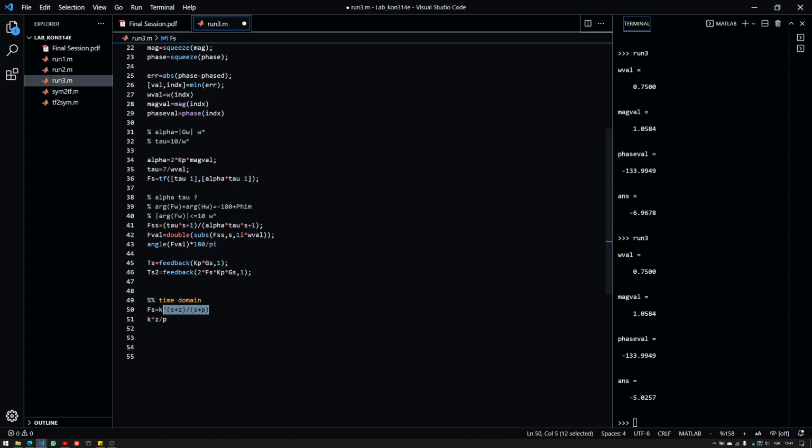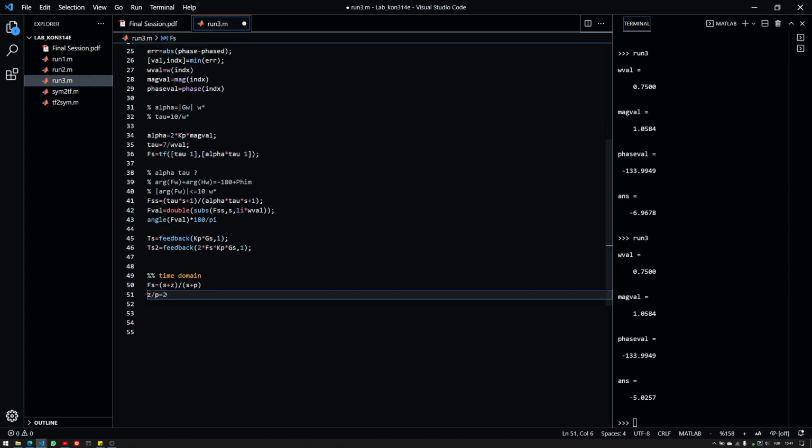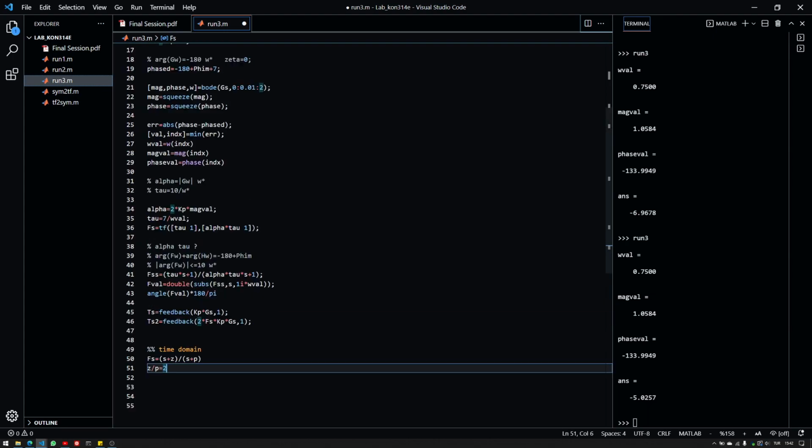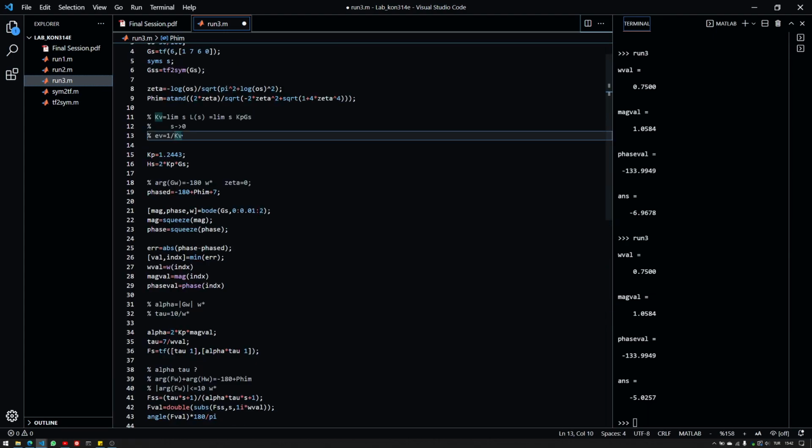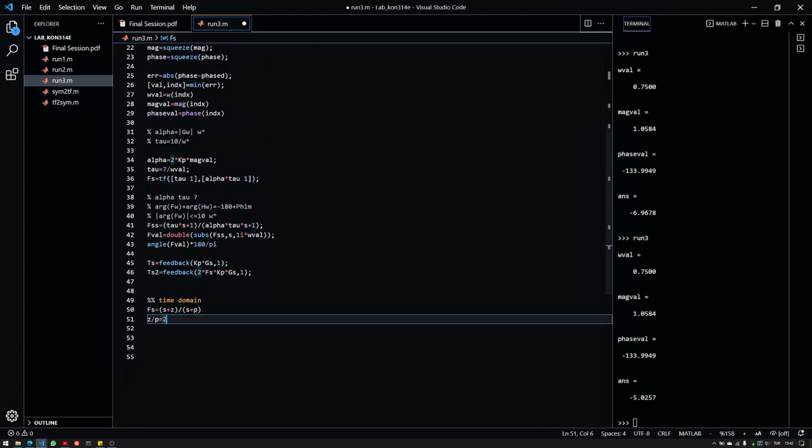So if the gain of the controller should be equal to 2, and if you fix this to 2, then z divided by p should be equal to 1 in this case, because you don't want to mess the gain value here. So omitting this is a better idea here, since we will have z divided by p as the steady state gain, and that should be equal to 2. Why? Because we want to double the velocity constant to halve the velocity error. So therefore, this still sticks here.